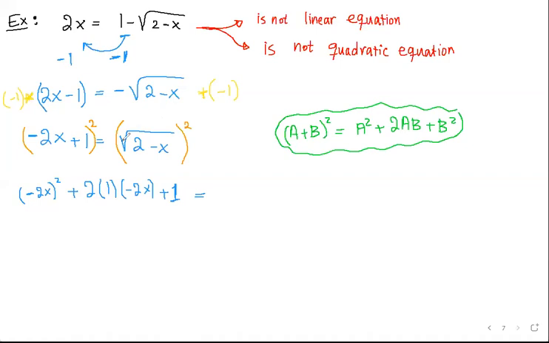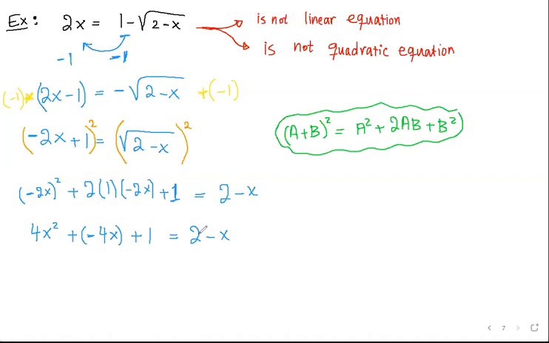Now that I cancelled the square roots, what do I get? 2 minus x. Now let me simplify it. Minus 2x squared gives me 4x squared, plus 2 times 1 times minus 2x gives me negative 4x, plus 1. Now we set this equal to 2 minus x.